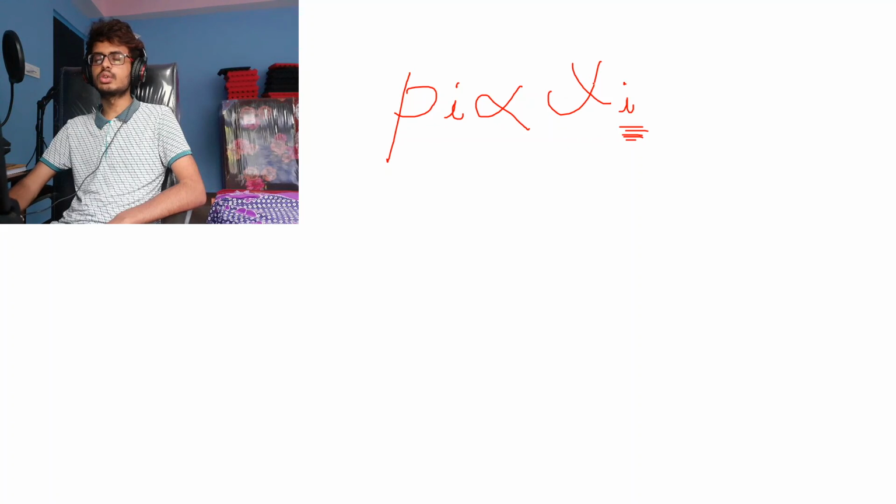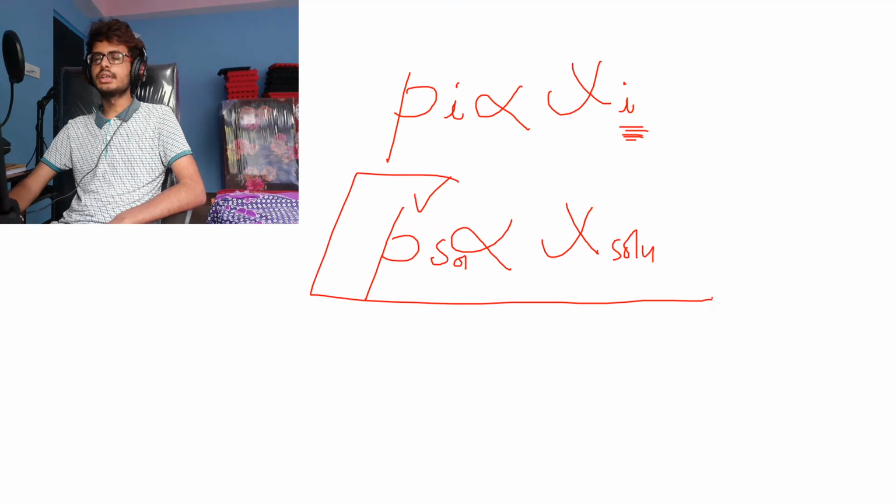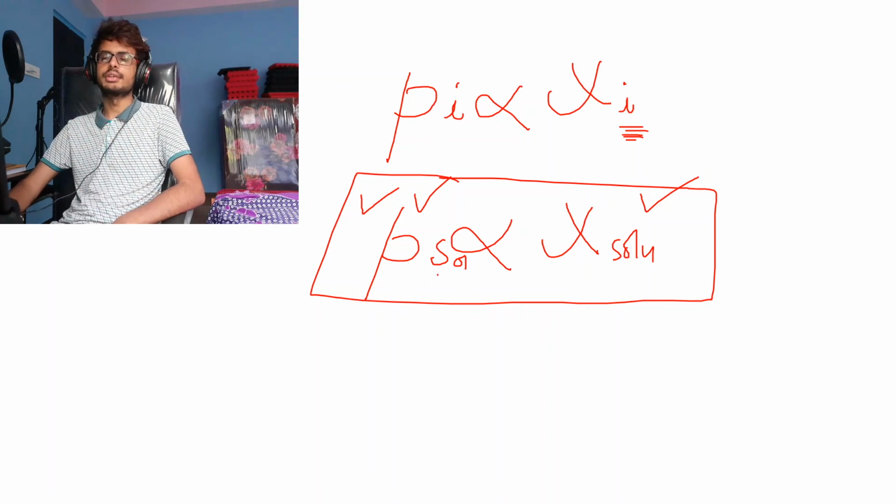Let's say the partial pressure of solvent is directly proportional to the mole fraction of solvent. So for that you need to find either of these two. You have to either find the mole fraction of the solvent or the partial pressure of the solvent. So if you can find either of these two, you can find the remaining component, right?